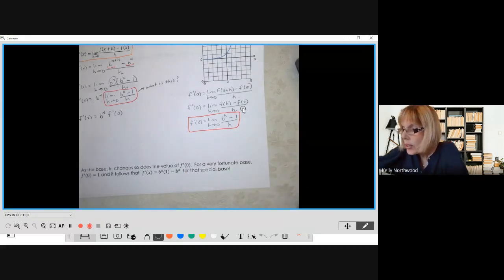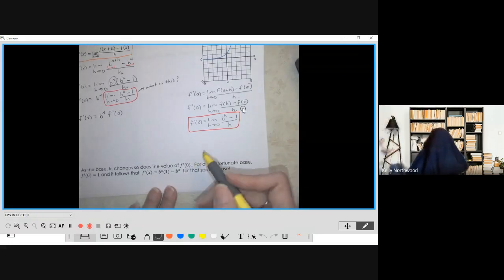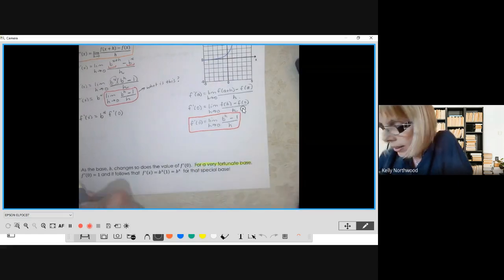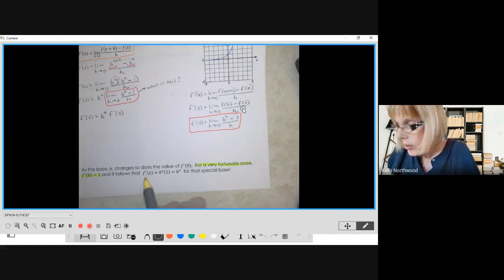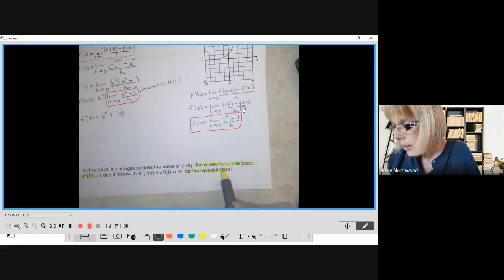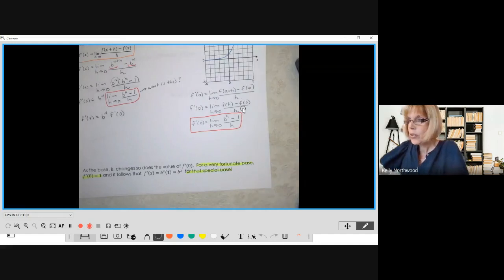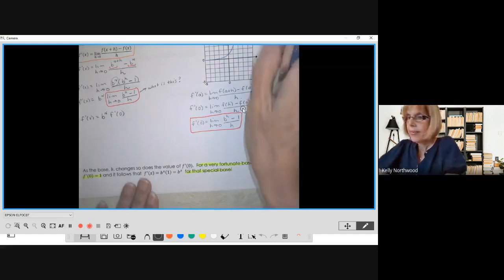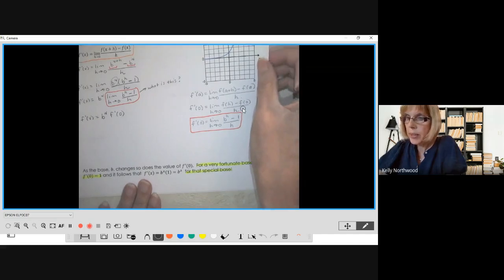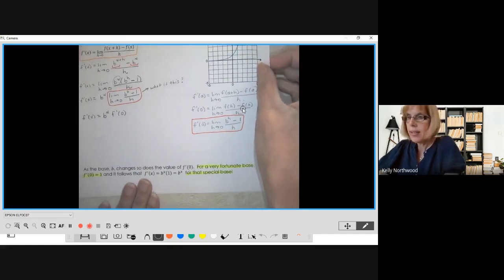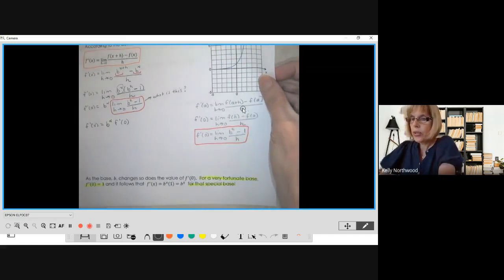For a very fortunate base, somewhere along the way, f prime of 0 will turn out to be 1. And it follows that if f prime of x is b to the x times 1, the derivative is also b to the x for that very special base, which is very cool. And I'm going to prove to you that that very special base is e, and that's why e is so special.